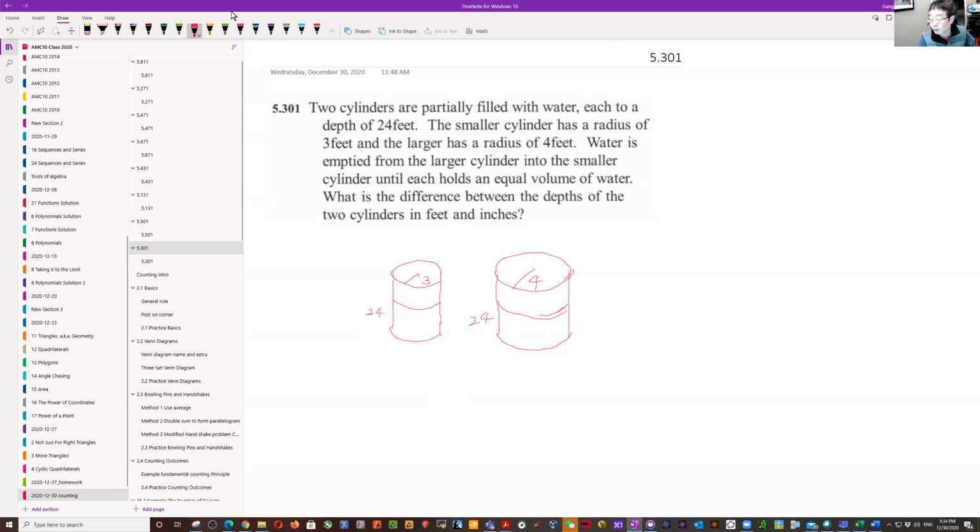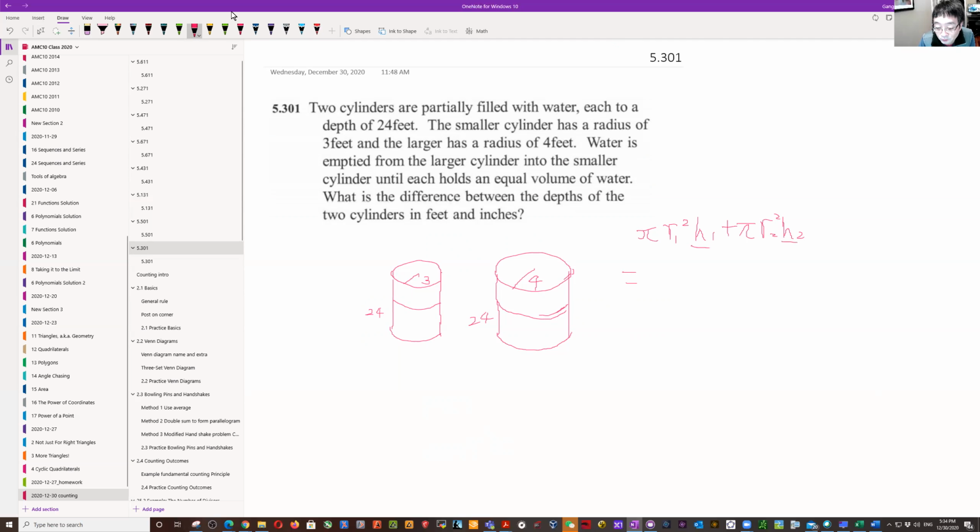And the total volume of both cylinders is equal to pi r squared times h1 plus pi r squared times h2, these being R1, R2, and h1, h2. And they are both 24.